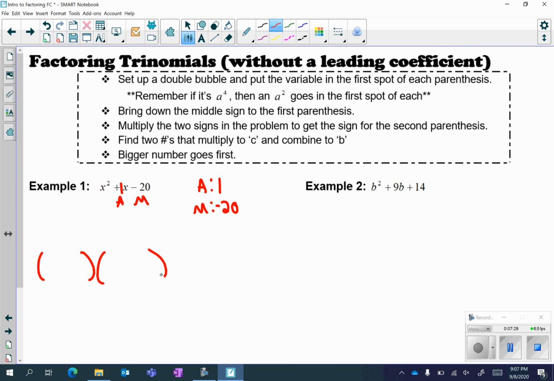And your answer to that is positive 5 and negative 4. And think about it. Positive 5 times negative 4 is negative 20. Positive 5 plus negative 4 is positive 1. So you're going to take those 2 numbers that add to 1 and multiply to negative 20 and write it in the parentheses.